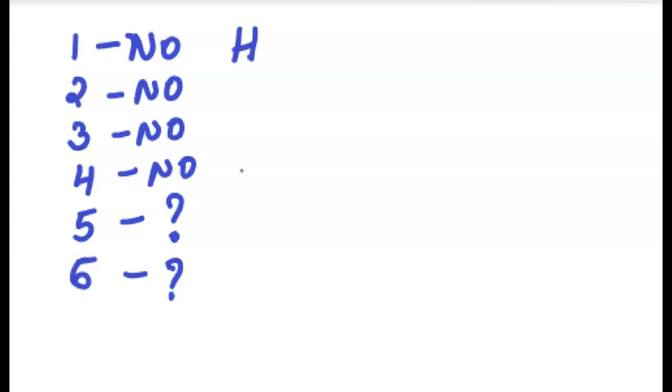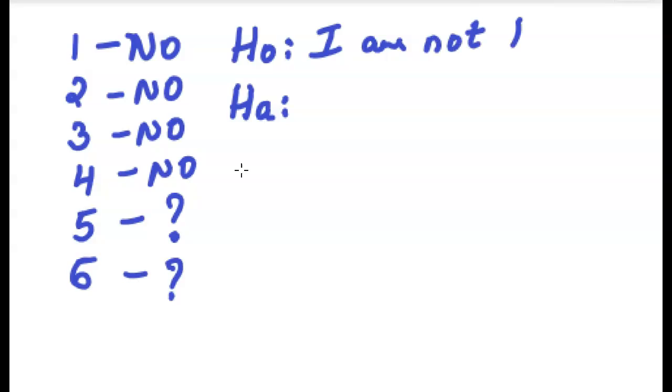H naught, look how I'm trying to put it in H naught and HA. Remember, I'm trying to show you the significance of p-value. H naught, I'm saying I am not tricking. Remember, null hypothesis is where everything is equal. I am not tricking you. And HA, I am tricking you.